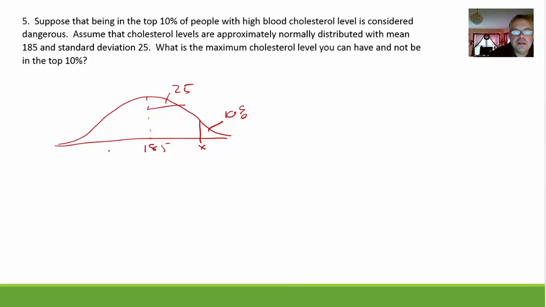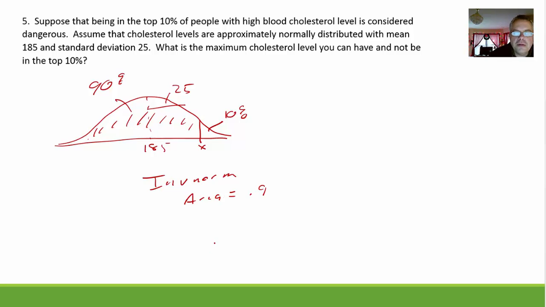Now, we know that 10% is to the right, but we got to think about how much is to the left. So there's 90% to the left. So we use inverse normal. And the area, instead of 0.1, we have to use 0.9. Remember, inverse normal only deals with area to the left of a value.